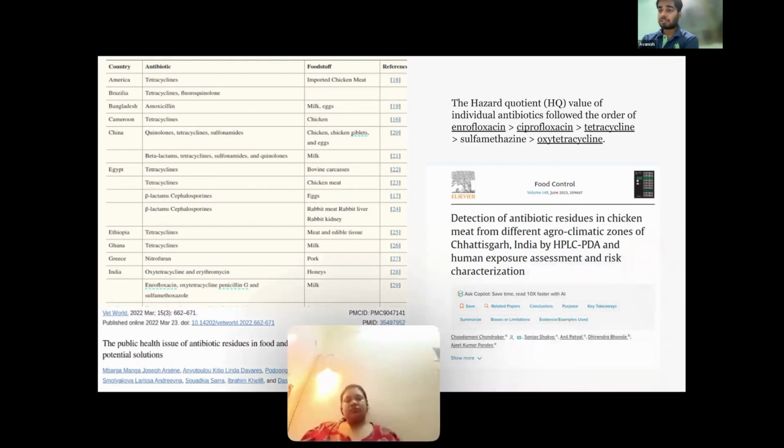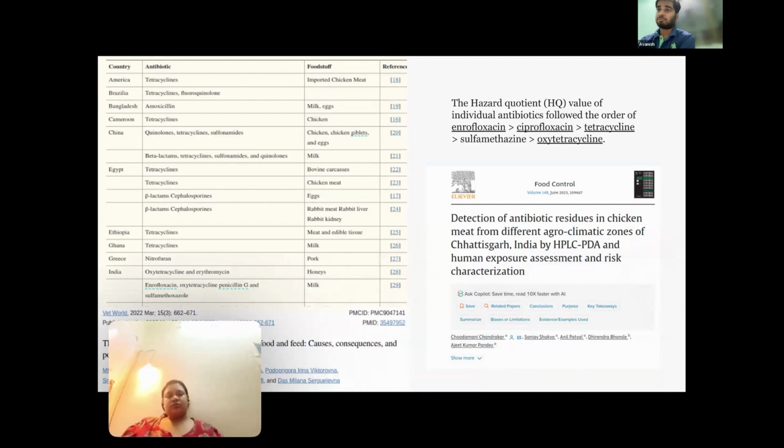Also, a study was conducted in India which maps the hazard quotient for various antibiotics, like enrofloxacin, ciprofloxacin, and again tetracycline is among the hazardous ones, and it was found in chicken in various agroclimatic zones of Chhattisgarh. So we thought of going ahead with tetracycline, so that we can make a kit which can detect it.